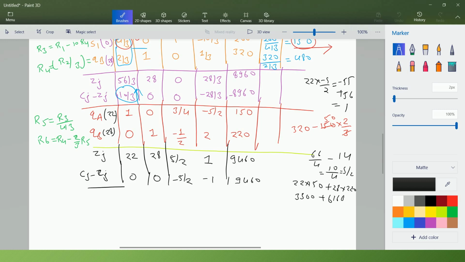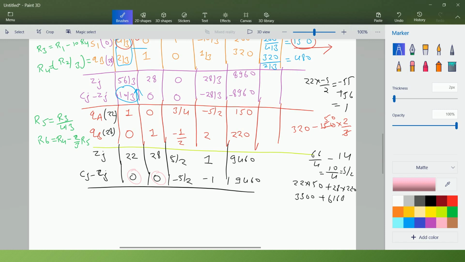So now you can check, this is equal to 0, this is equal to 0. So now there is no chances of entering a variable because both are 0 or are not positive, okay.